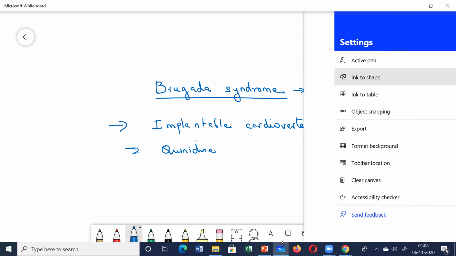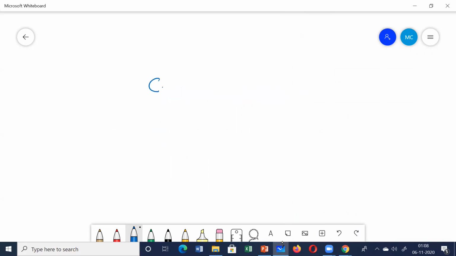Next, we shall talk about Commotio Cordis. This is a term which you might have heard. In Commotio Cordis, the patient is a normal patient. It mainly occurs in children, adolescents, and young adults.